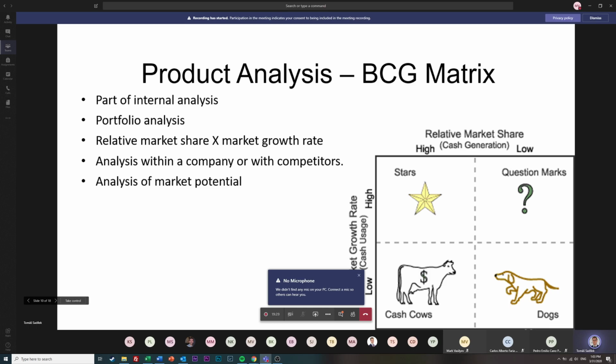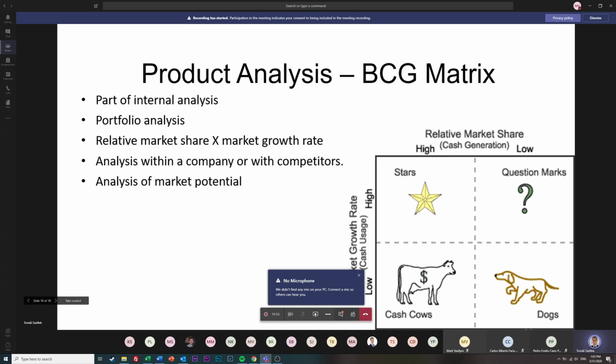Beatrice, one more comment about the question mark. Beatrice is also asking, is the question mark only for new firms or products? Not necessarily, but the situation when the market share is low but still growing is typical for new products or for new markets. But again, in this model, we measure not the absolute, but the relative market share.